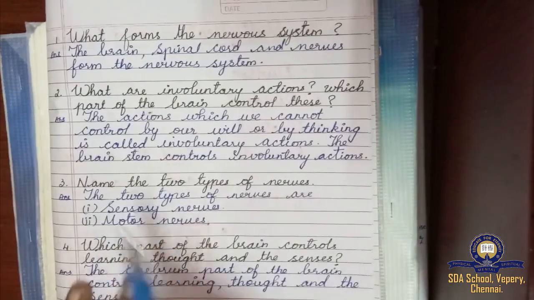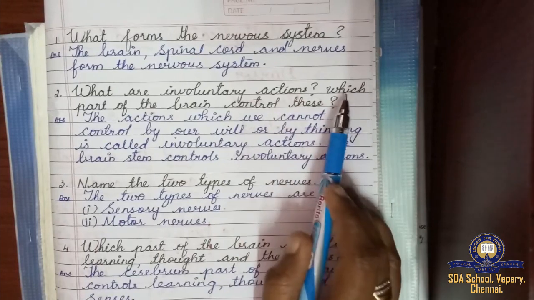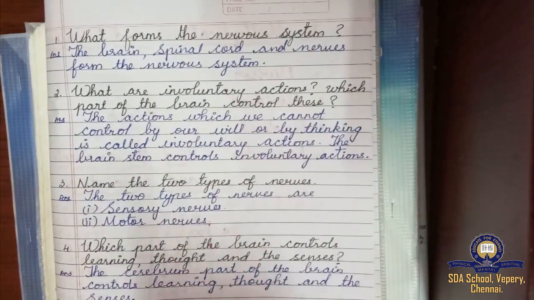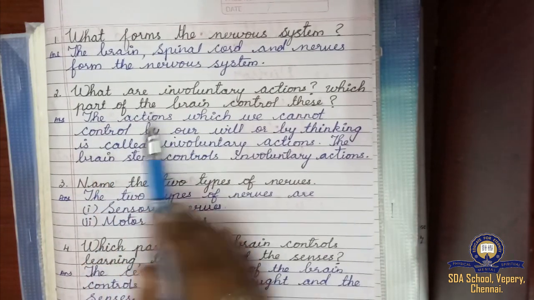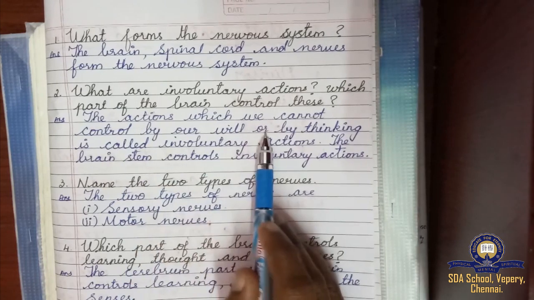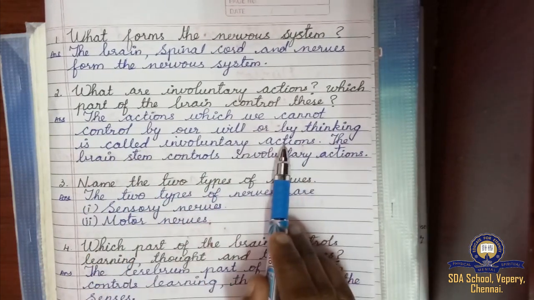Now the second one. What are involuntary actions? Which part of the brain controls these? The actions which we cannot control by our will or by thinking are called involuntary actions.